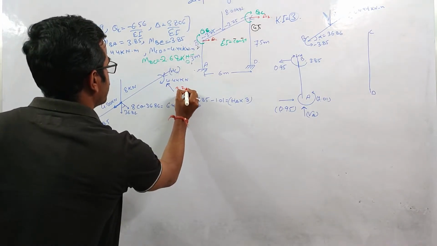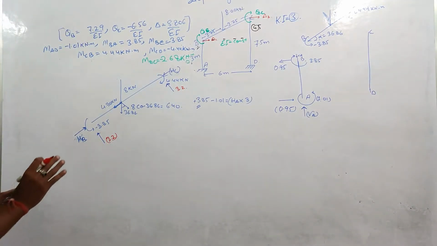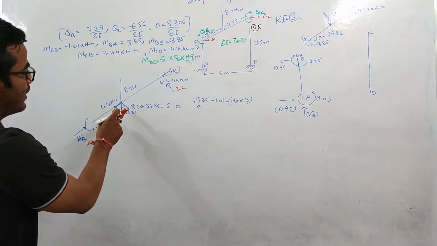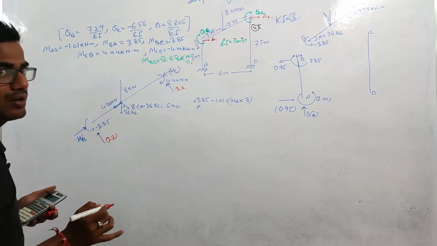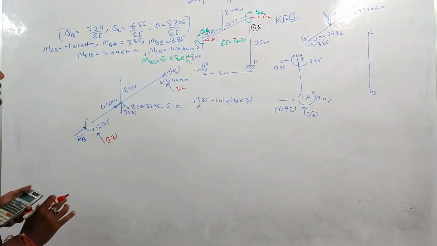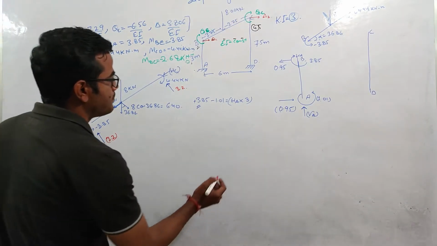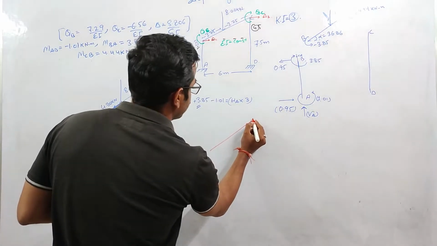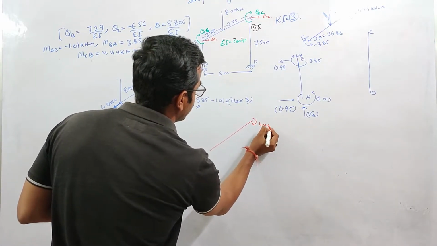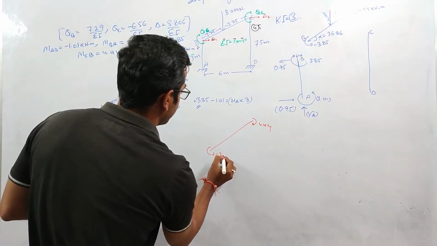This value comes from taking the equilibrium for the vertical reaction only, for this inclined member. Now there is also some unbalanced moment. The unbalanced moment is this 4.44, and here this is minus 3.85.